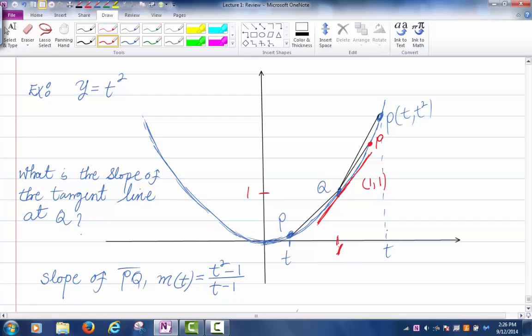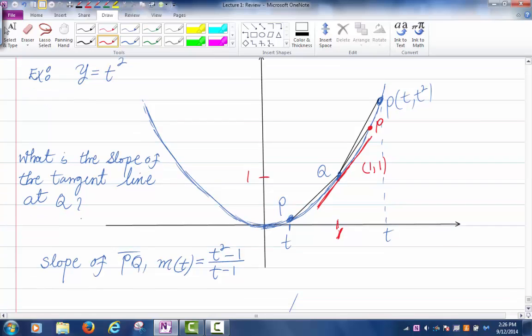My point is, when t gets closer and closer to 1, P is getting closer and closer to Q, and as such the line segment PQ is getting closer and closer to the tangent line, right? Okay, so that's the idea. So that means that as t approaches 1, the slope of PQ should be approaching the slope of the tangent, right? Am I making sense?